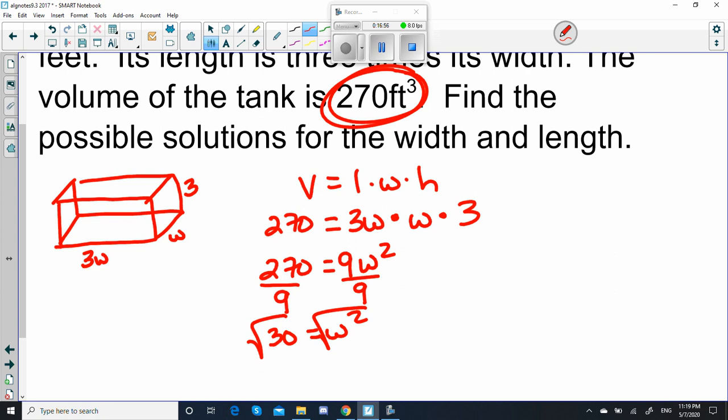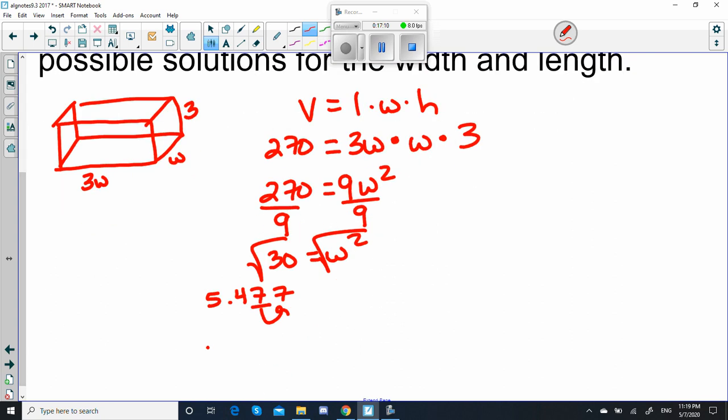So I can use my calculator. Second, x squared, 30. It gives me 5.477. So if I'm doing a decimal answer, 5.48, and I don't want to do plus or minus because it's the width. Okay, width can't be negative. That doesn't make sense.